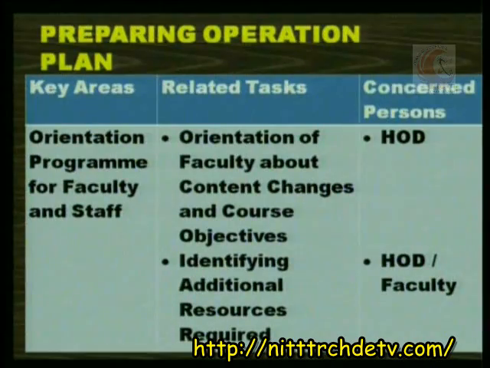The additional resources in terms of physical resources or information sources or human resources, any additional resource that is required, has to be communicated to the faculty and the staff. And the person who will be responsible for identifying these additional resources and communicating it to the faculty and staff will be the head of department or the faculty members of a particular department.